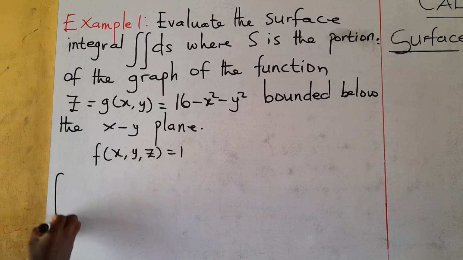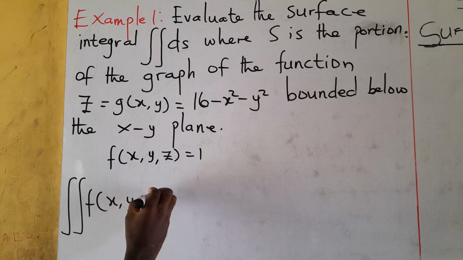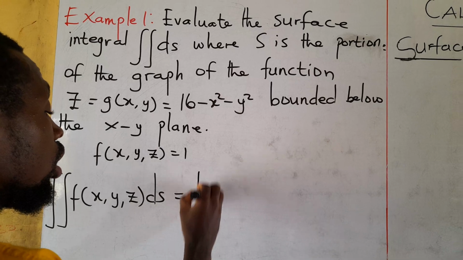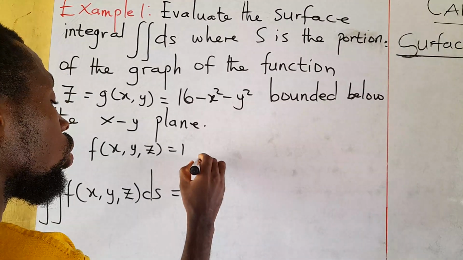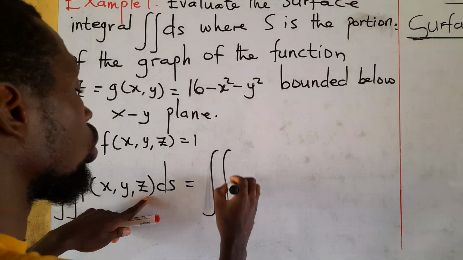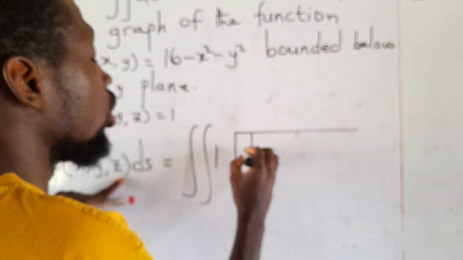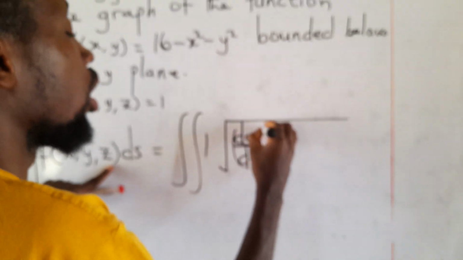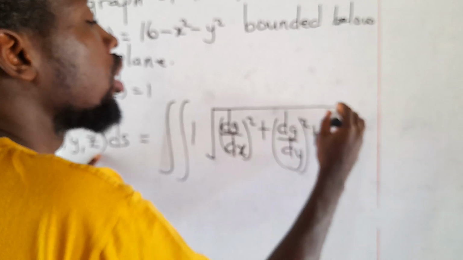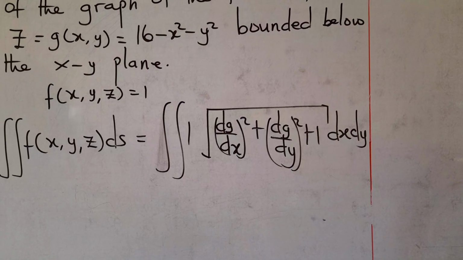So we can say the double integral of f of x, y, and z ds will be equal to the double integral of 1 times ds, and ds is equal to the square root of (dg over dx) all squared plus (dg over dy) all squared plus 1, dx dy. You know this very well.